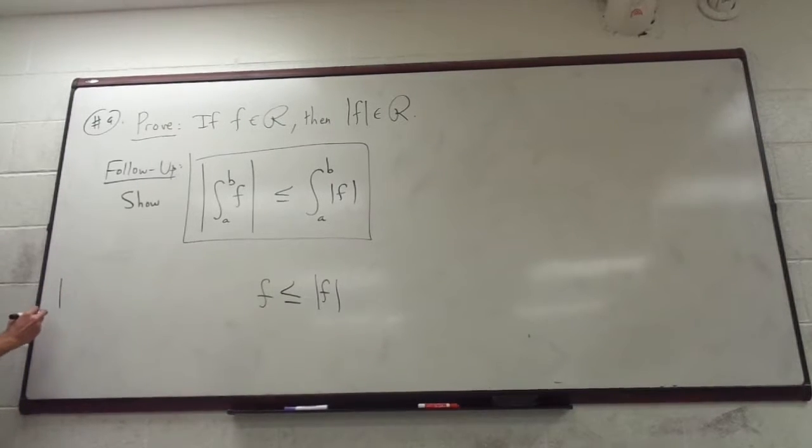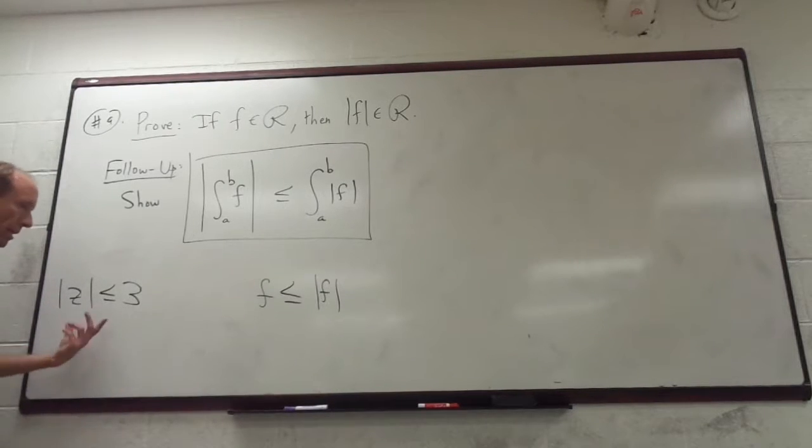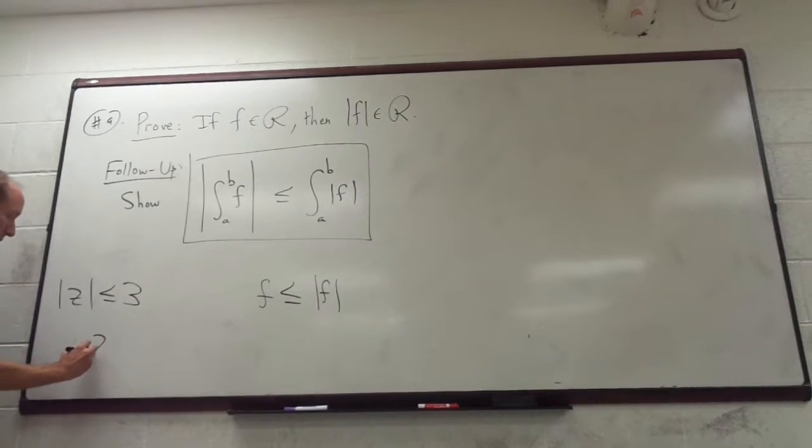So if I have the absolute value of z less than or equal to 3, what does this mean? It's either negative 3 is less than or equal to z, and z is less than or equal to 3.